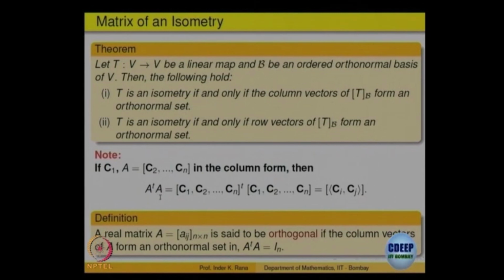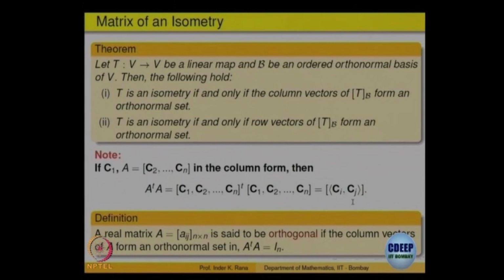Then what is A transpose A? The transpose of the columns will give you the rows. So what is this? This is just Ci transpose Cj, a row multiplied by a column. That means A transpose A is just the inner products of Ci and Cj.